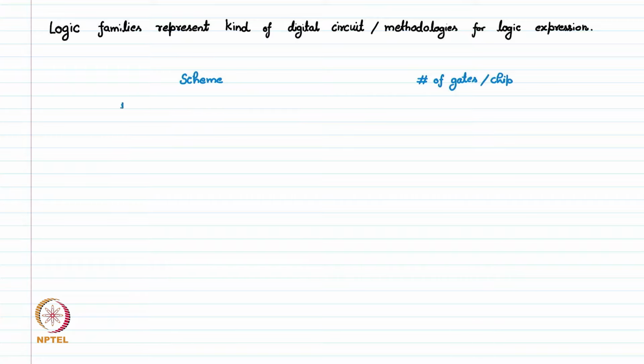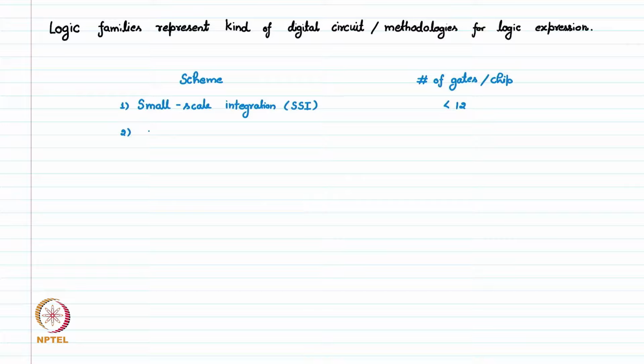The first one is small scale integration, or SSI, and typically we have less than 12 gates on a single chip.